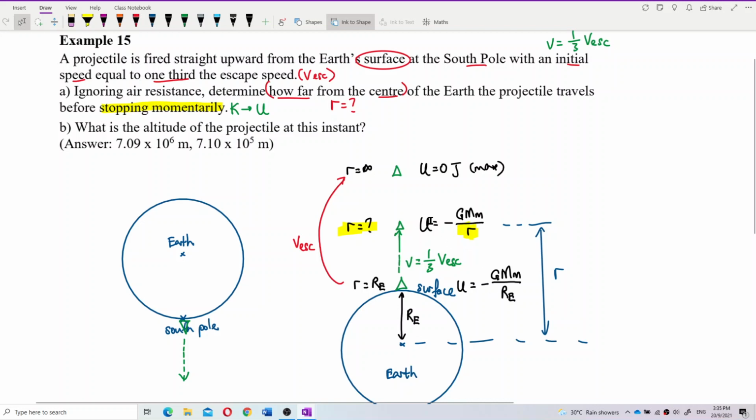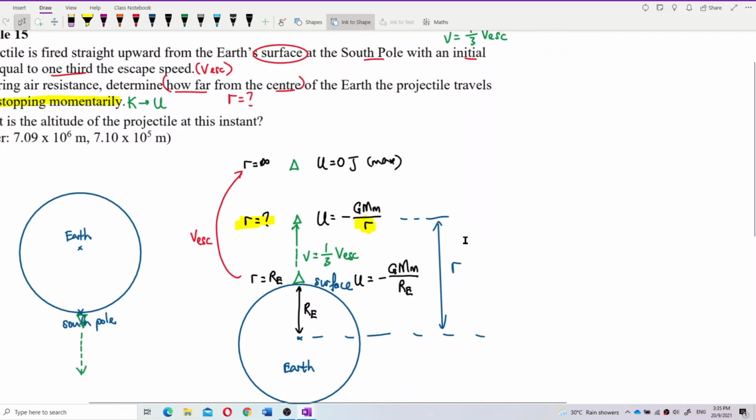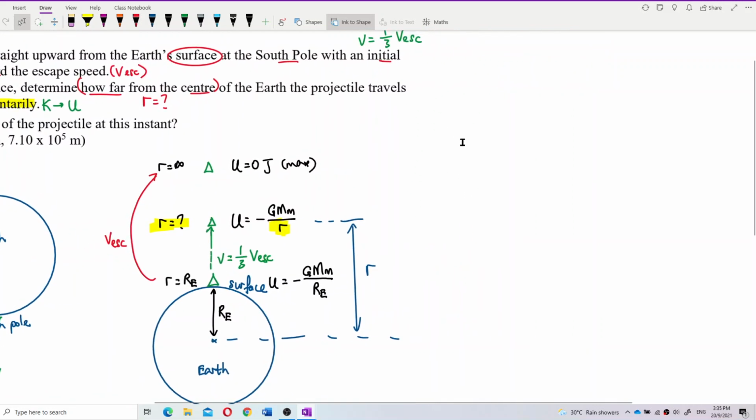So how do we find the r over here? We use the principle of conservation of mechanical energy, because here we only talk about potential energy and kinetic energy.